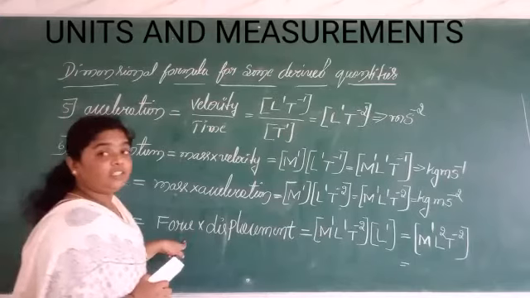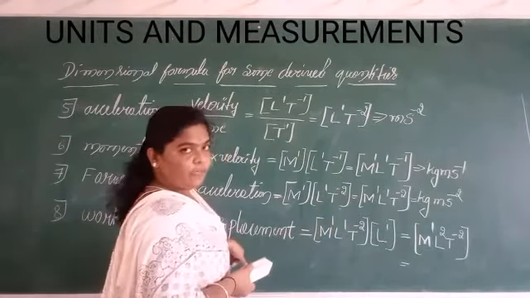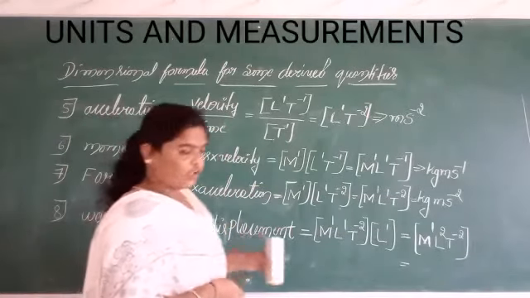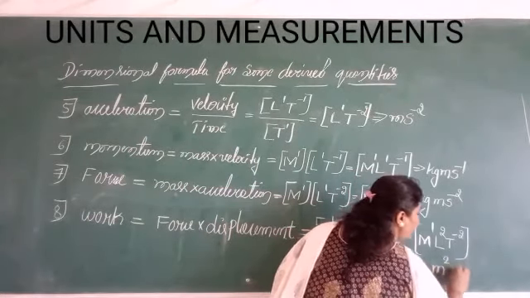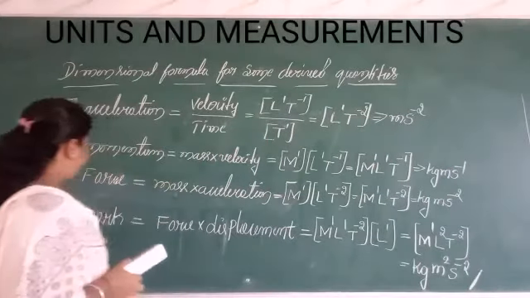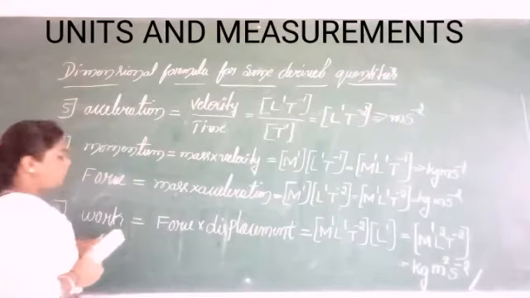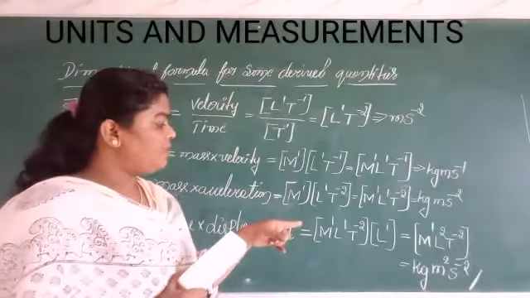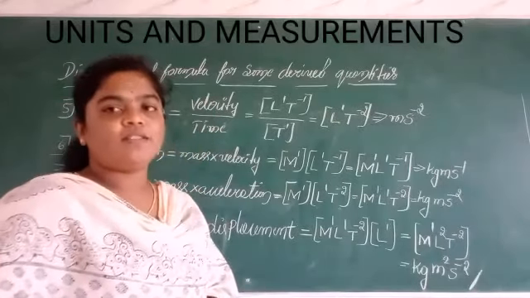In terms of fundamental units, force is kg meter per second square, and one more displacement gets added, so kg meter square per second square is the unit of work.